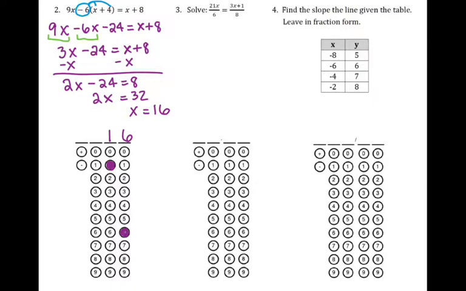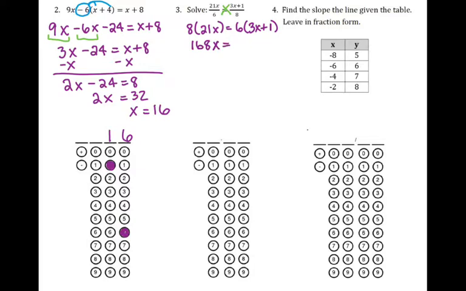Number 3. I'm going to cross multiply. So I want to do 8 times 21x equals 6 times 3x plus 1. Going to multiply. 8 times 21 is 168.